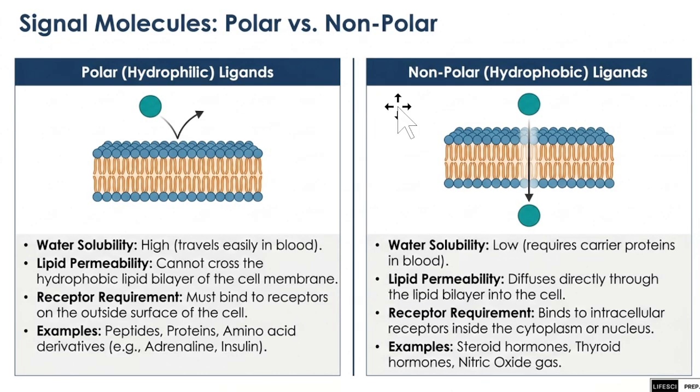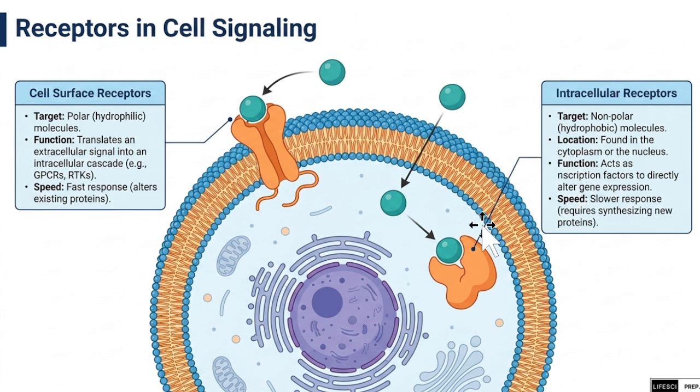But with a nonpolar ligand, the ligand can transfer through or cross the plasma membrane because the plasma membrane has a hydrophobic environment. So the nonpolar hydrophobic ligand easily crosses the plasma membrane. There will be no problem. So the ligand can cross easily, and the receptor for a nonpolar ligand is always inside the cell.